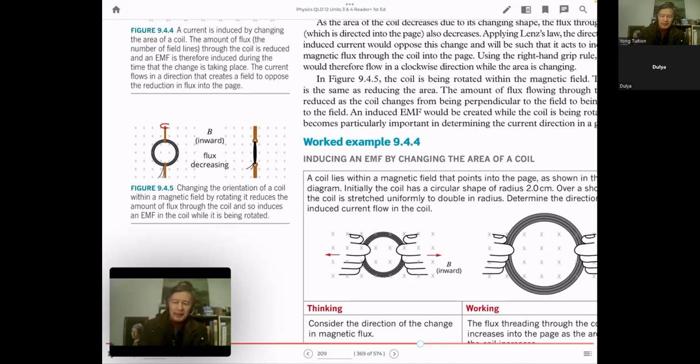But this time they didn't ask you the current direction because they only ask for the EMF, right? Sometimes you have to pay attention to the question. Sometimes they only need to know whether there is an EMF. Other times they will ask what the direction of the current is.